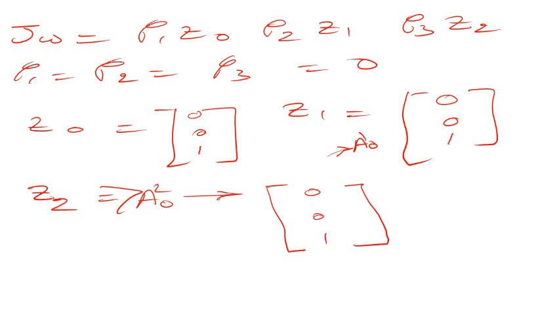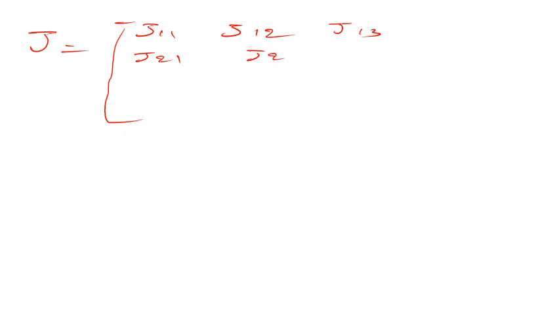So now we have the complete Jacobian matrix as follows: J equals J11, J12, J13, J21, J22, J23, and then all 0 for J31, J32, J33, and then you have here rho 1 Z0, that means 0, 0, 1, and this one is also 0, 0, 1, and this is also 0, 0, 1.